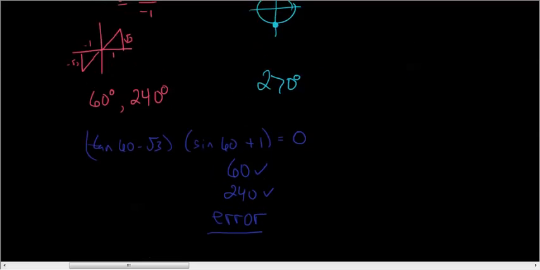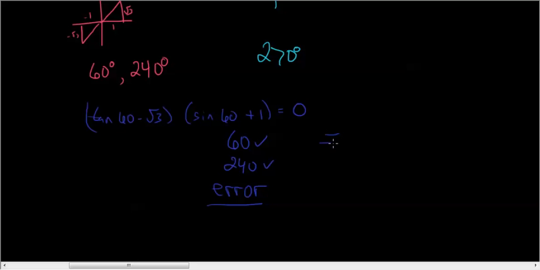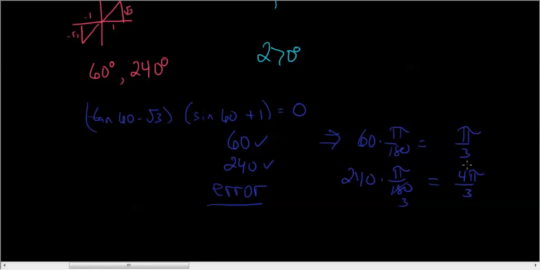So I usually wait till I check my answers. 60 degrees, 60 times pi over 180 makes that one pi over 3, and 240 times pi over 180 is 4 pi over 3. So these are your two answers, pi over 3 and 4 pi over 3.